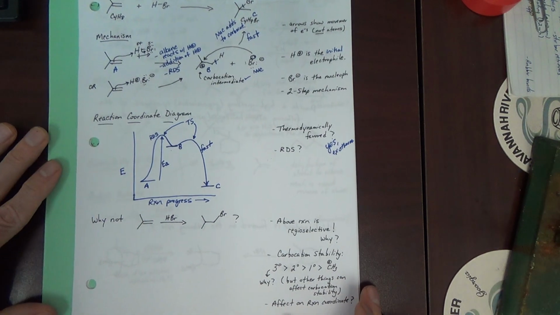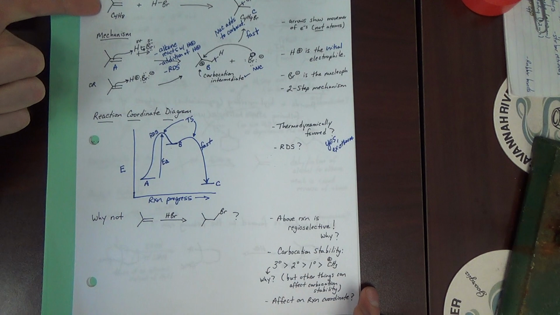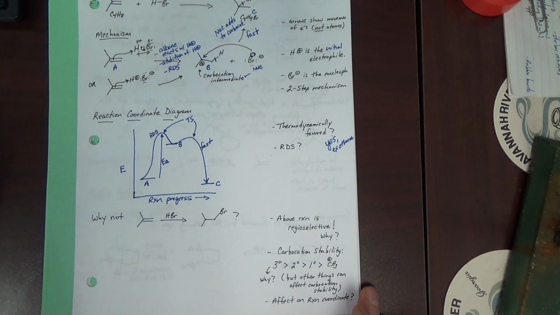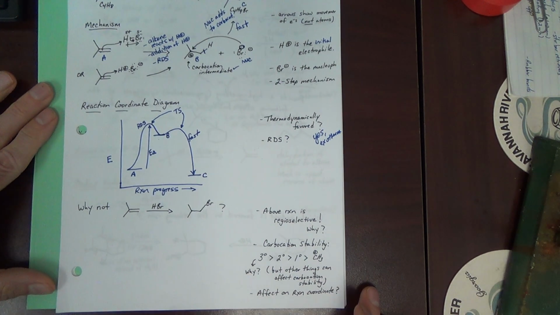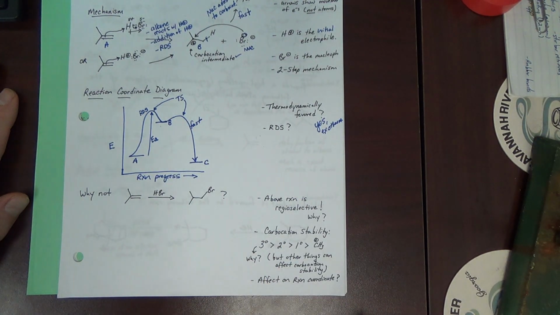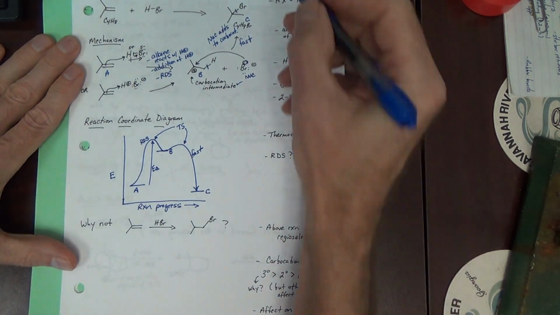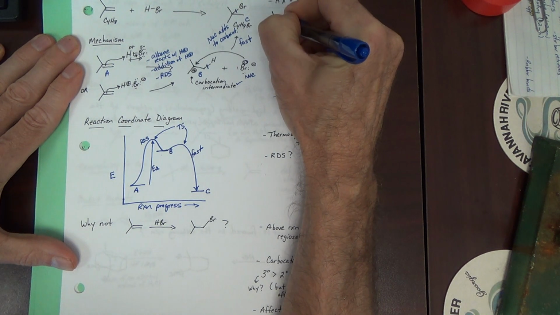Okay, that is a rather simple addition of HBr to this alkene. Note that the above reaction is regioselective. That is, we did not get this product.